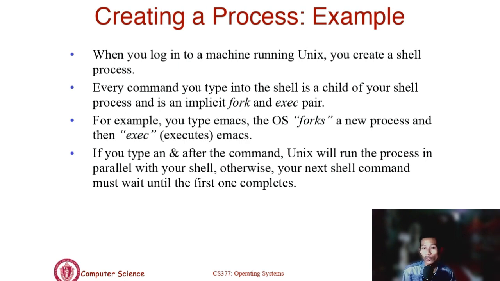This means that your shell can continue to accept and execute commands without waiting for the current process to complete. And conversely, if you don't include an ampersand after a command, Unix executes the process sequentially. This means that your shell waits for the current process to complete before proceeding to execute the next command.